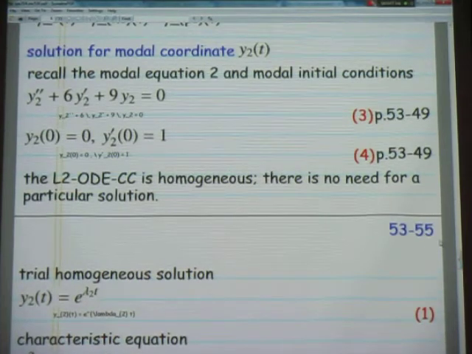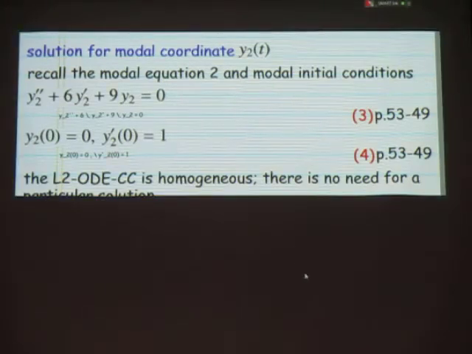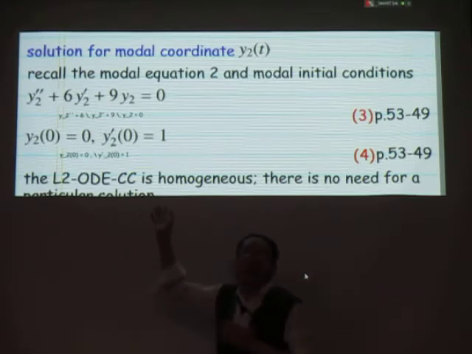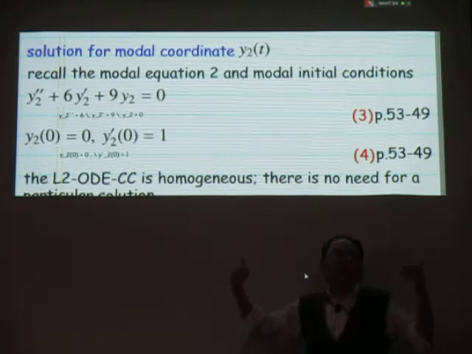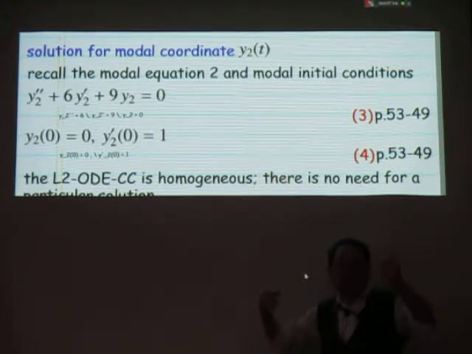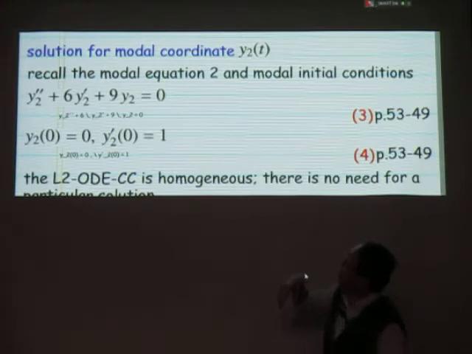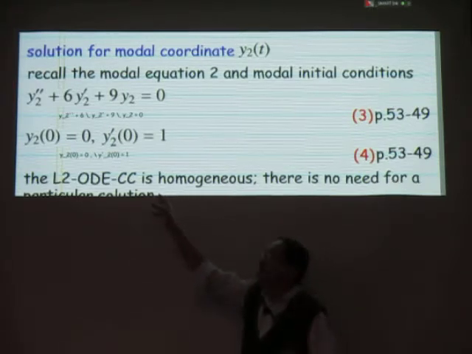Now we move to mode 2, and the solution process is similar. You have an independent linear second order ODE, and this time homogeneous because I chose not to excite the second mode by design, and then I work backward to the applied force that we see at the beginning of the semester.